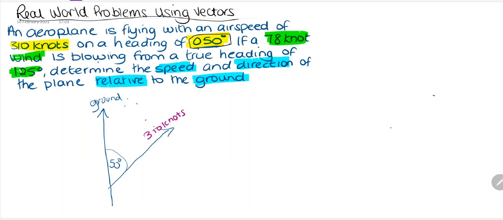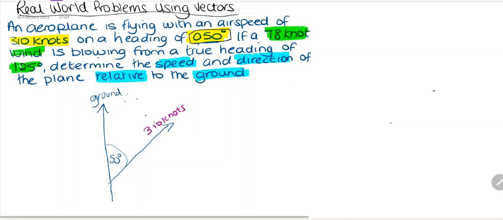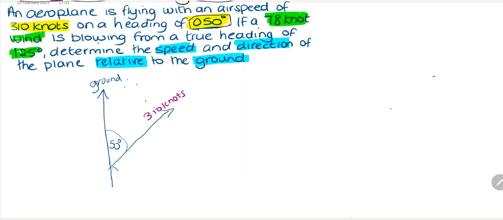So we're also told we have a 78 knot wind. So our wind is going to be coming towards our plane, and this is going to be forming another angle, which we're told is going to be 125 degrees. So that's combined.